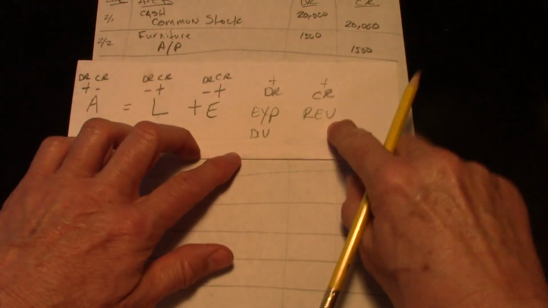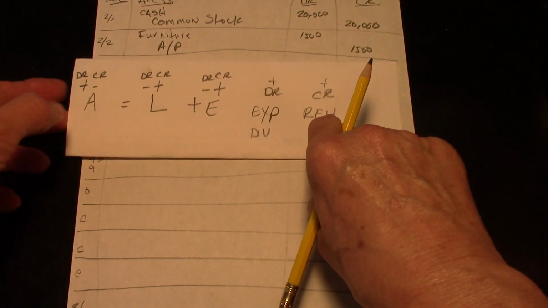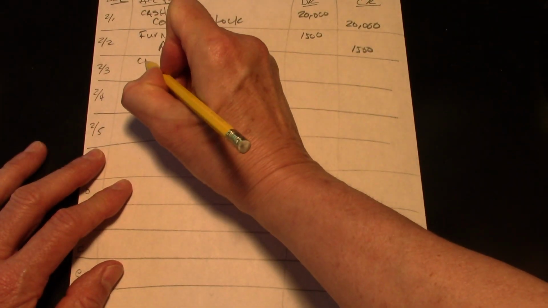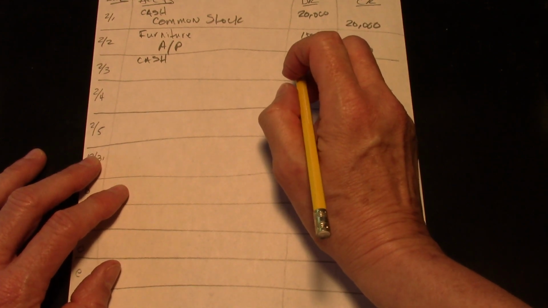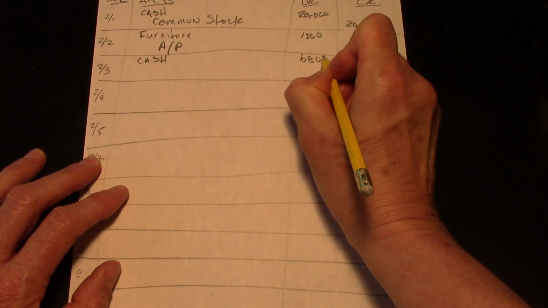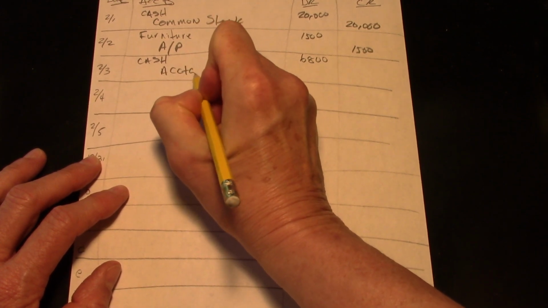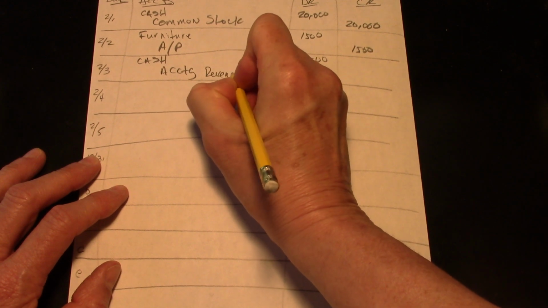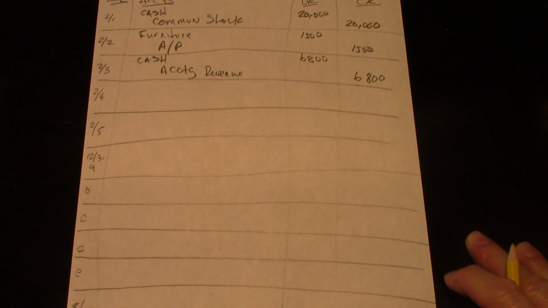Revenues are always credits, and cash would be increased with a debit. So cash, $6,800, and I'm just going to call it accounting revenue. If you called it service revenue or sales revenue, I would be fine with that. $6,800.